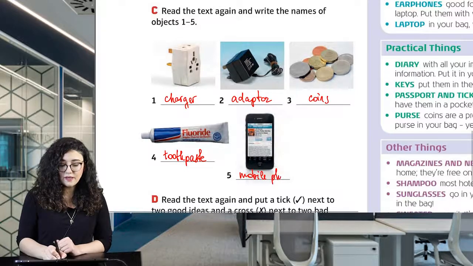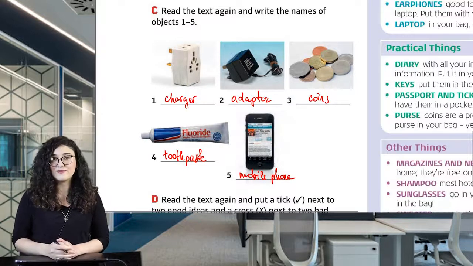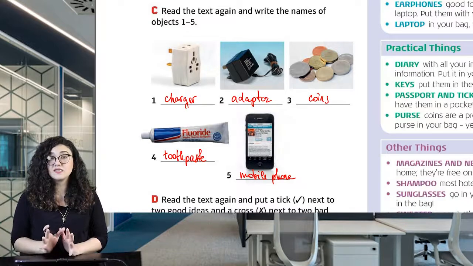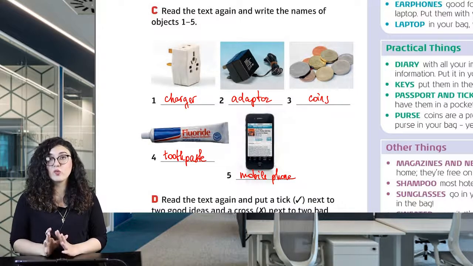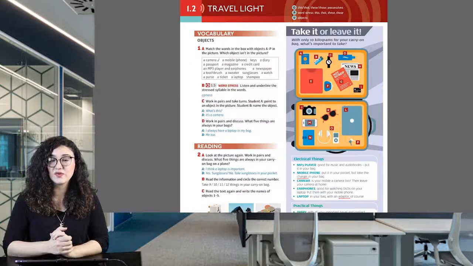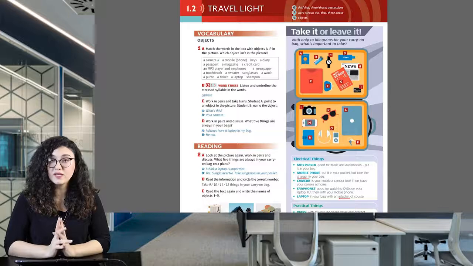A mobile phone. Great. So these are important objects to have with you when you travel somewhere. So this vocabulary was necessary to talk about traveling.